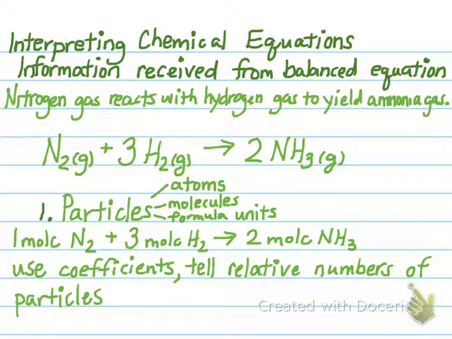Had I had an element here, then I wouldn't say molecule, I would say atom. If I had an ionic compound here, I'd say a formula unit. But the coefficients tell me the relative numbers of particles, so I just use the coefficient to interpret a balanced chemical equation in terms of particles.